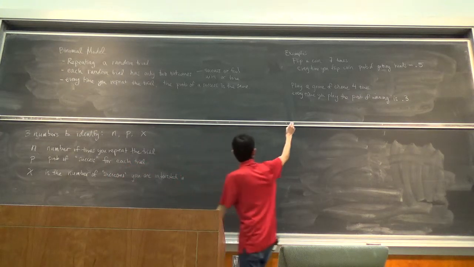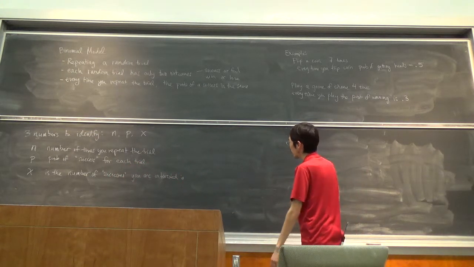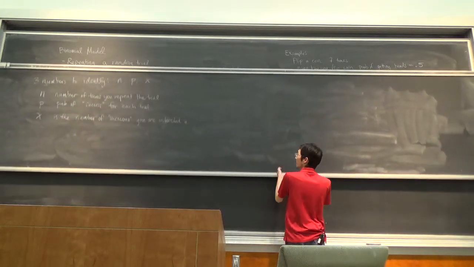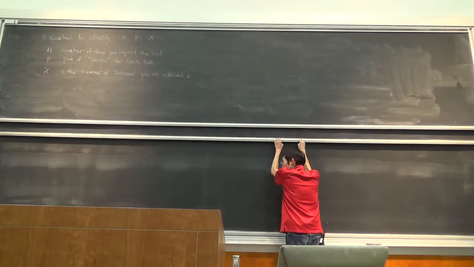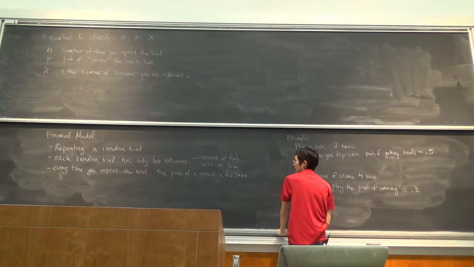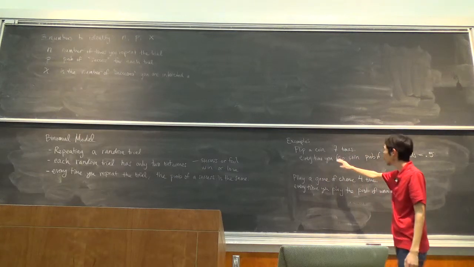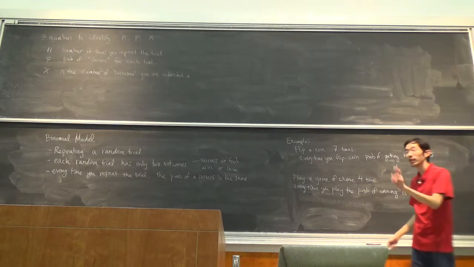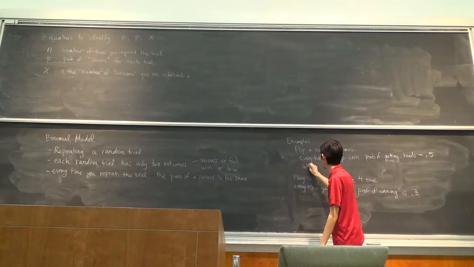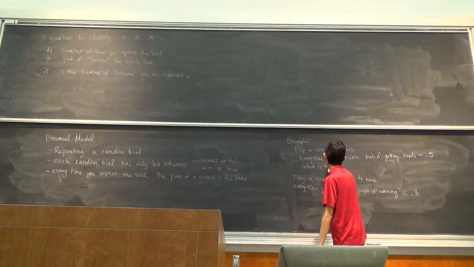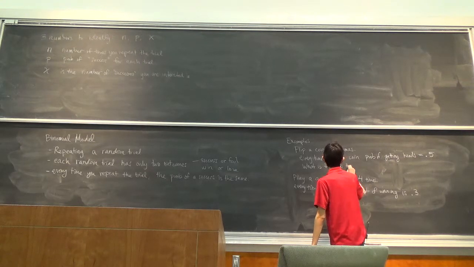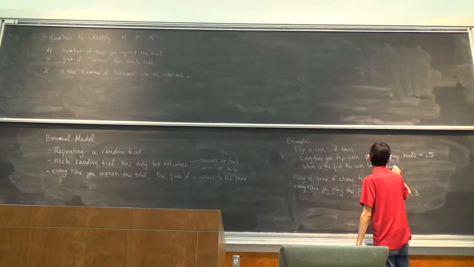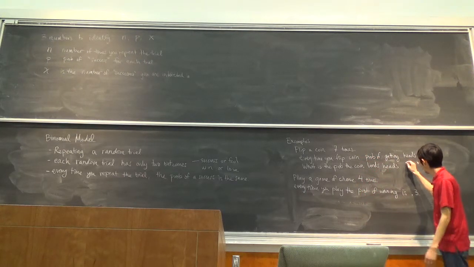Okay. So let me just expand. Go back to these examples here. So you flip a coin 7 times. Every time you flip a coin, the probability of getting heads is 0.5. And I might ask, what is the probability the coin lands heads four times?